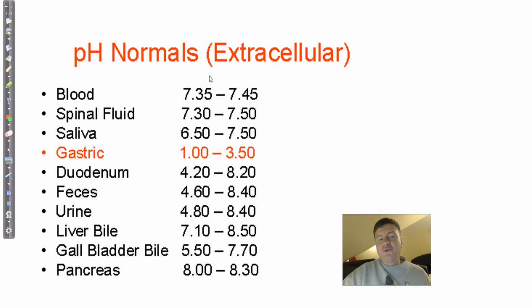Here are some pH normals, just to show you how the body is not the same all over. We'll focus on this one in particular. Blood, 7.35 to 7.45. That's a very narrow range for pH. Notice other ones are going to be more variable. Your duodenum or your feces may be far more variable based upon your diet. If you have a lot of acidic foods, then you're going to produce probably more acidic feces.